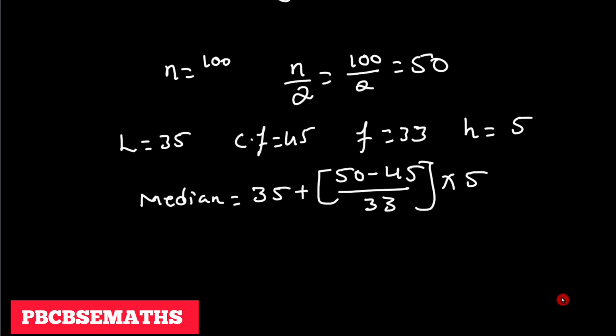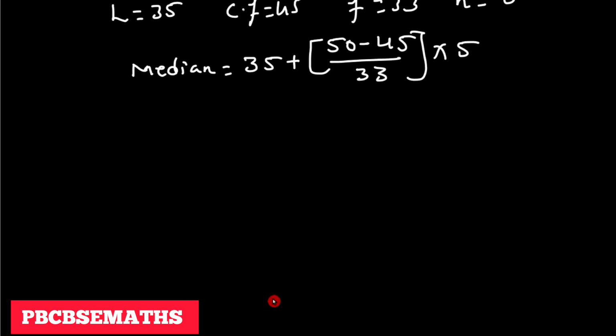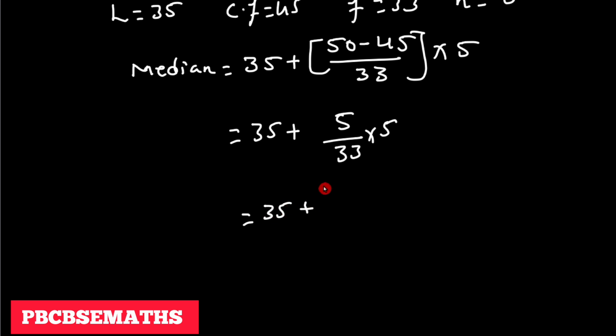Now we will simply solve this problem. For that, let's write this as 35 plus 50 minus 45 gives us 5 by 33 into 5, which gives us 35 plus 5 fives are 25 by 33.